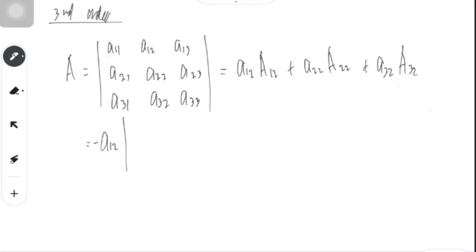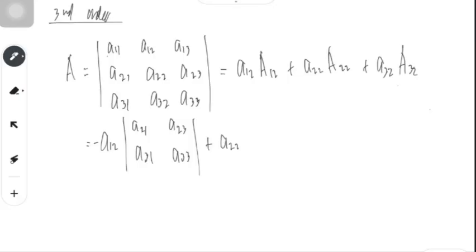Delete the row and column containing A12. Ano matitira? A21, A31, next A23, A33. That's correct. Next, A22. A12 is negative, dapat positive yun. So, positive ka na dito.